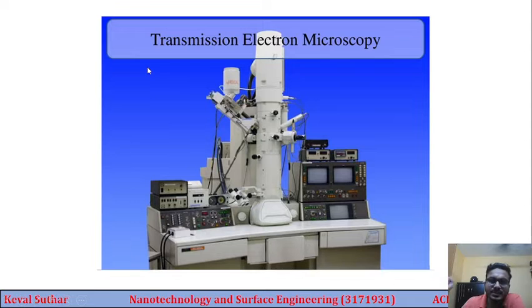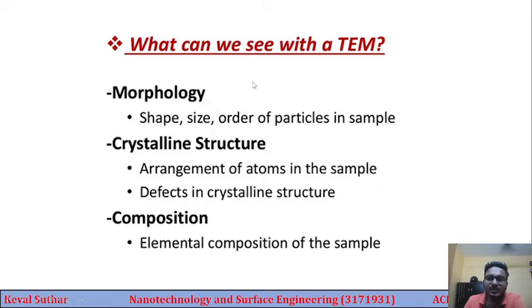So let's discuss transmission electron microscopy. This is the actual device for this method, and first of all let's discuss what exactly we can see using transmission electron microscopy. 3 things can be checked here. First is morphology, that is, we can get details about the shape, size and order of particles in a sample.